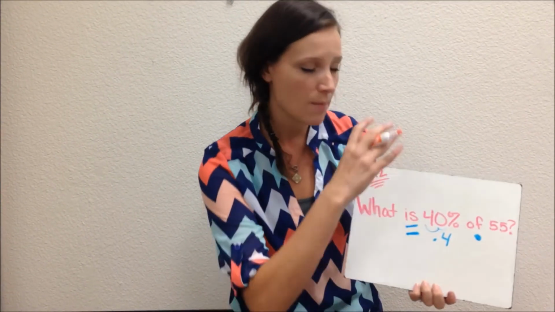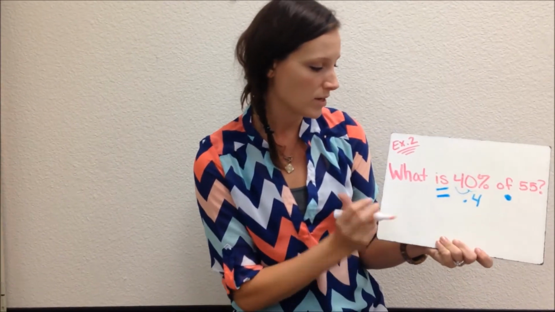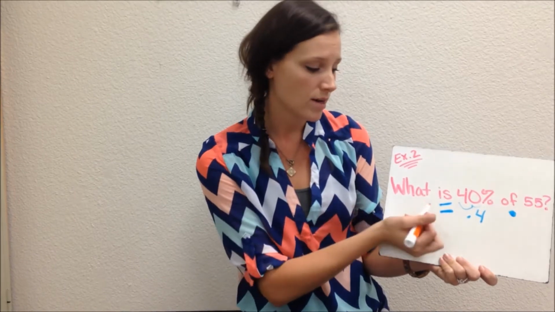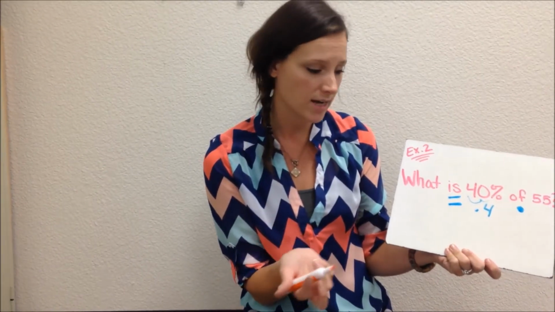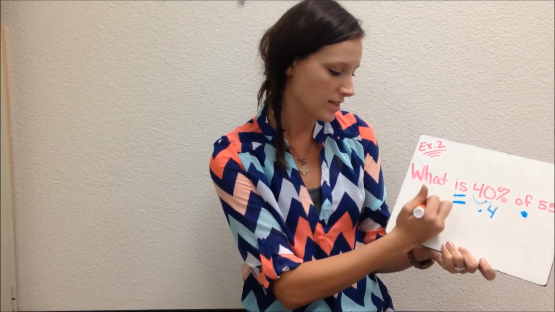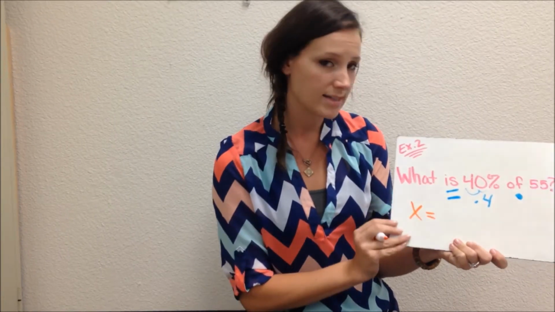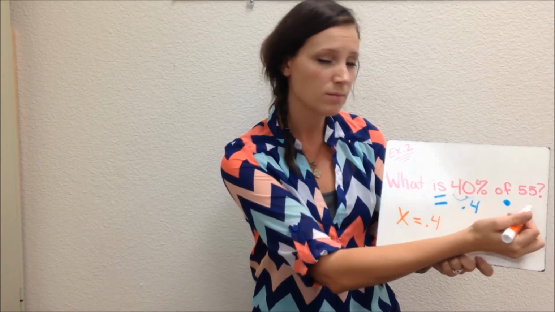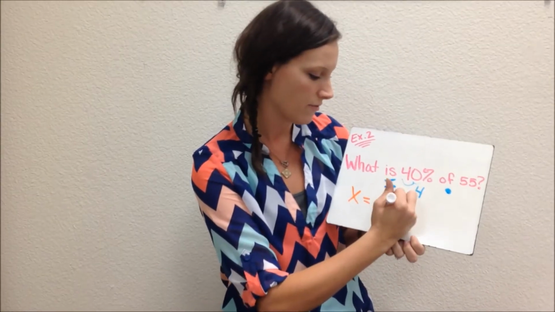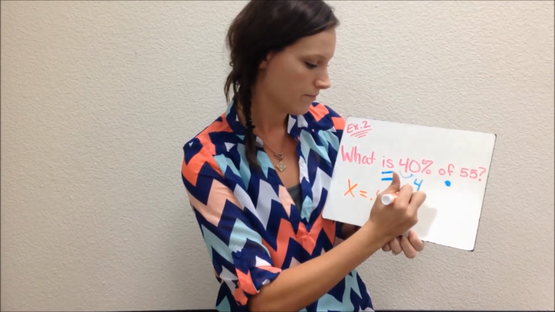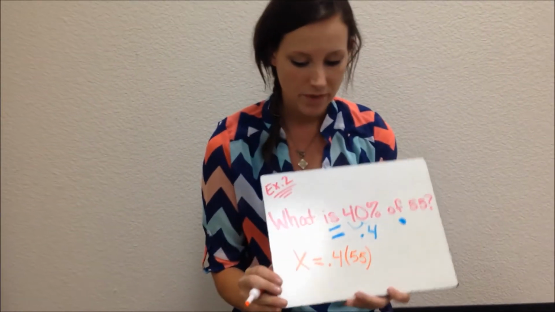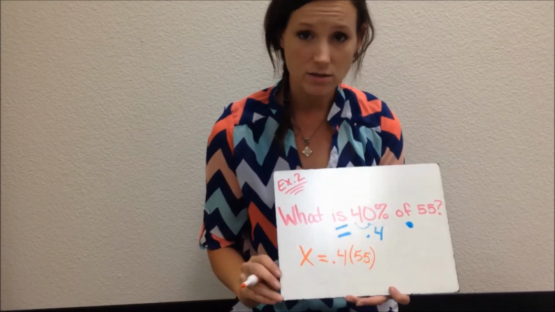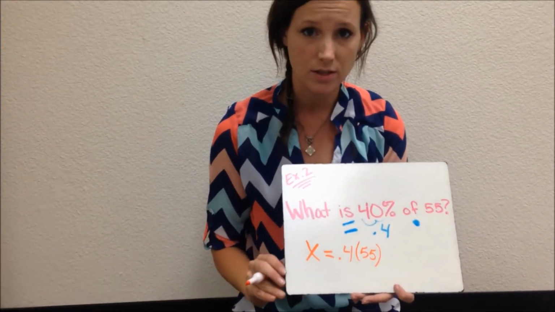Okay, then I'm going to drop everything else down and rewrite my equation. It starts out with, it says what is. Since I don't have a number on this side, I don't know what that is, I have to put my variable, which is x. So x equals 0.4, and I'm going to be multiplying 0.4 times 55. Okay, in this one you don't actually have to do any solving for your variable because your variable is alone already.